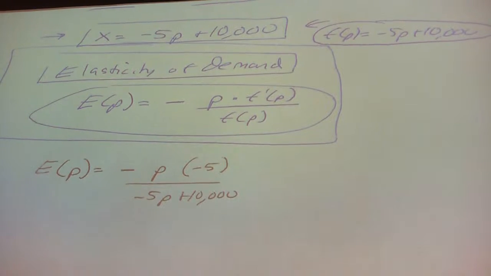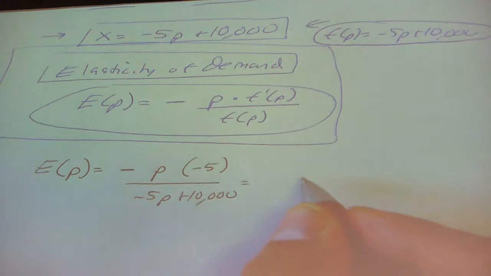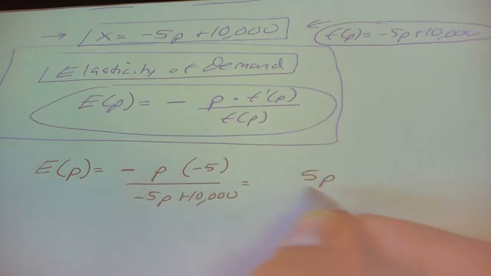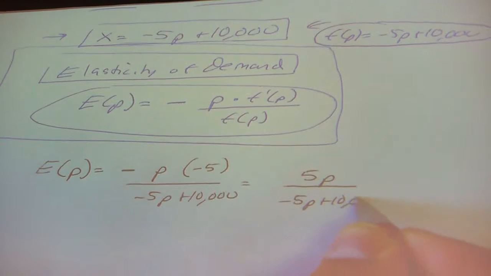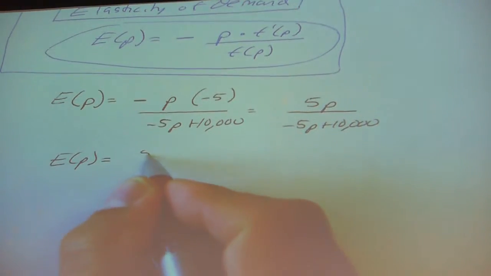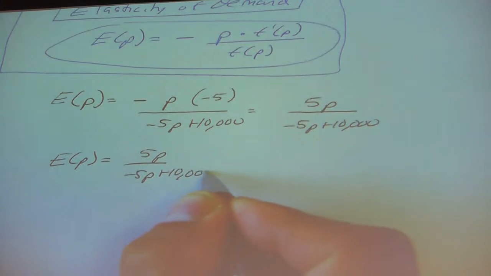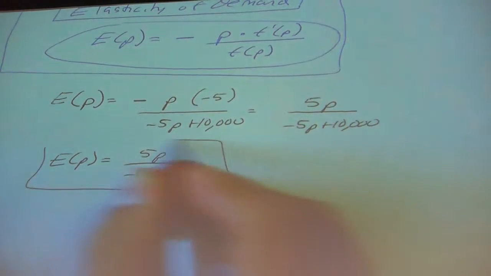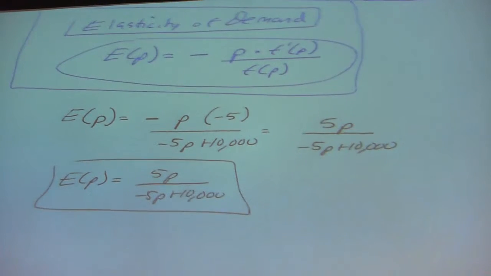Now, just like always in algebra, we need to simplify. Negative times negative is positive, so we get 5p over negative 5p plus 10,000. So our elasticity function is 5p over negative 5p plus 10,000. I'm going to stop there and make sure everybody saw how we got our elasticity function.